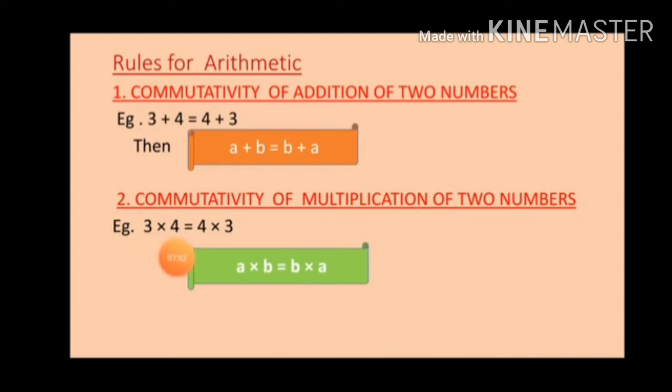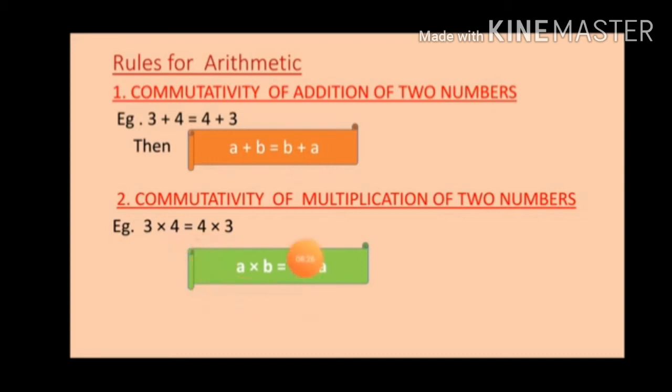Like the previous property, here instead of addition we have changed the order of the numbers and used the multiplication operation between these two given numbers. So on the right hand side, after changing the order of the numbers and multiplying them, we obtain 12 as their product. Fine children, you can see both sides we have got the same product.